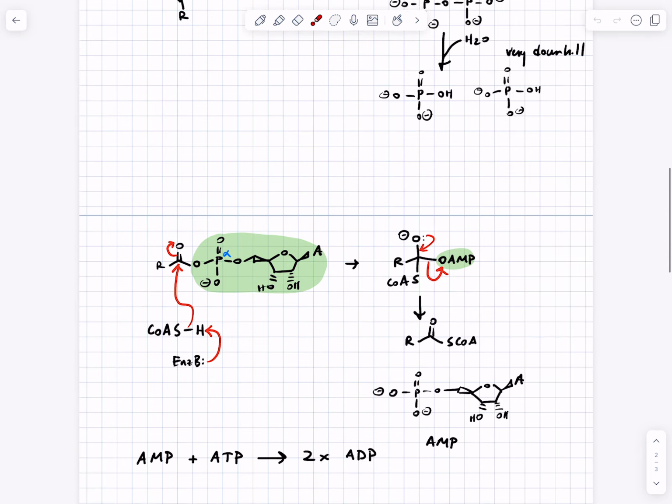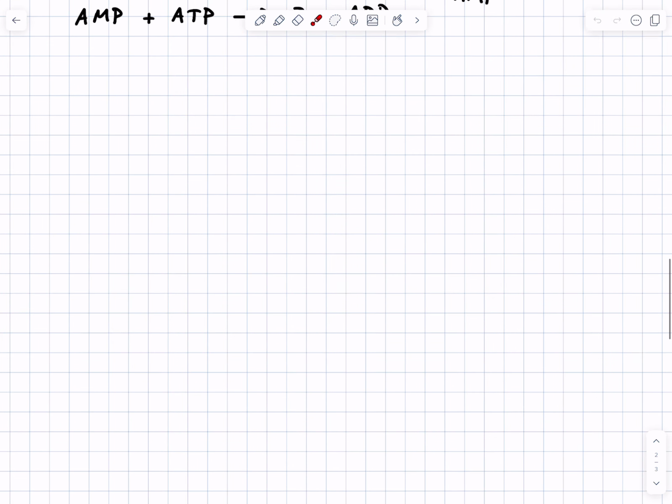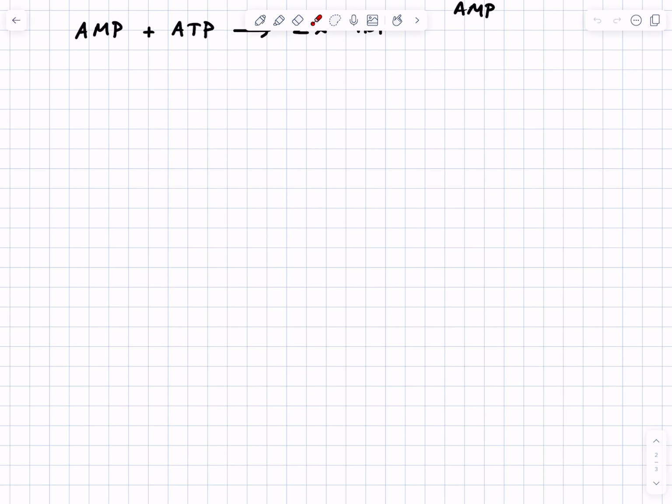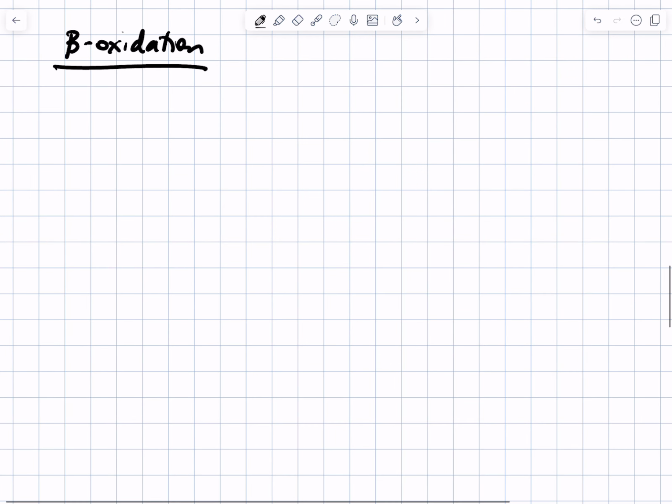All right, let's do beta oxidation. This is really cool because there's some chemical logic to it. So this is called fatty acid beta oxidation, and you'll see why in just a little bit.